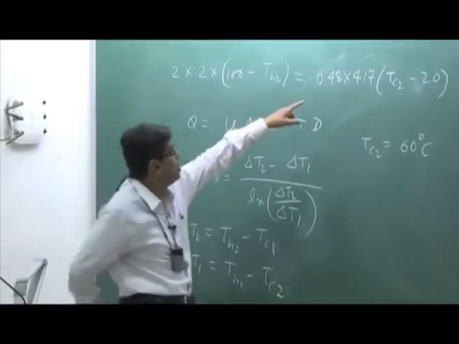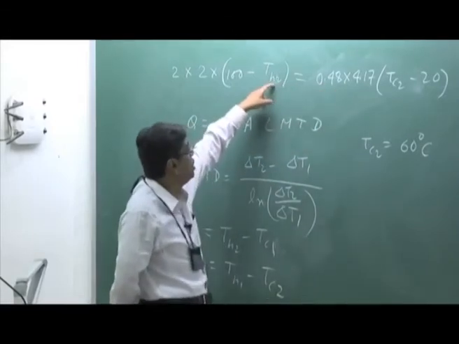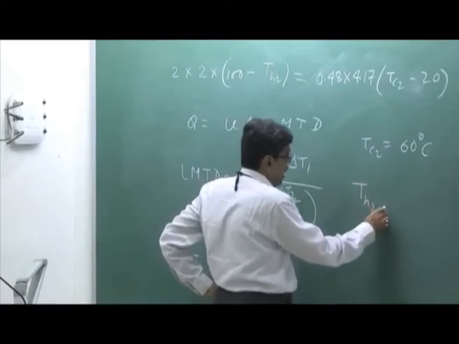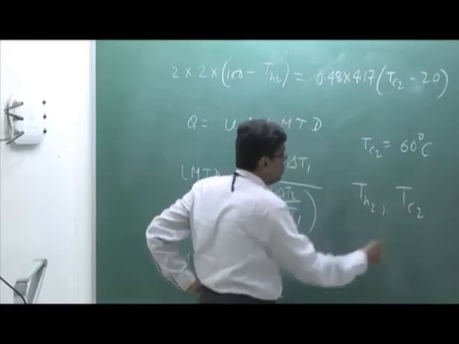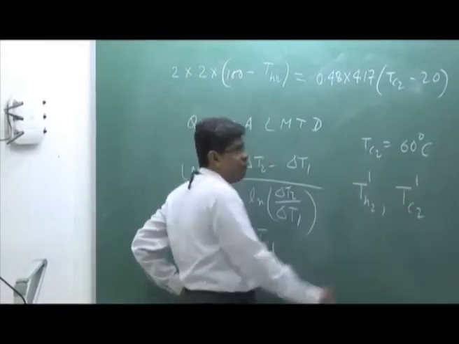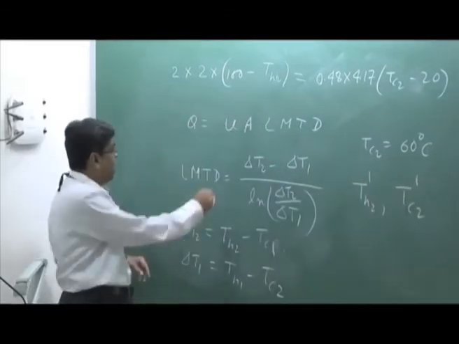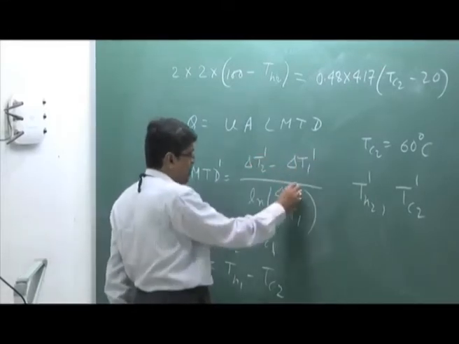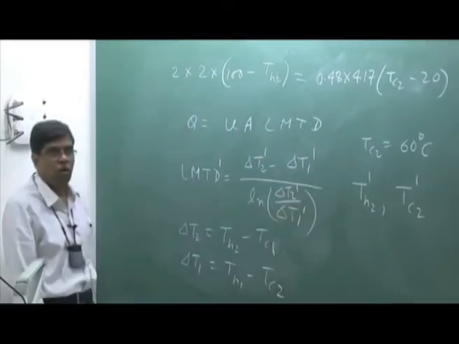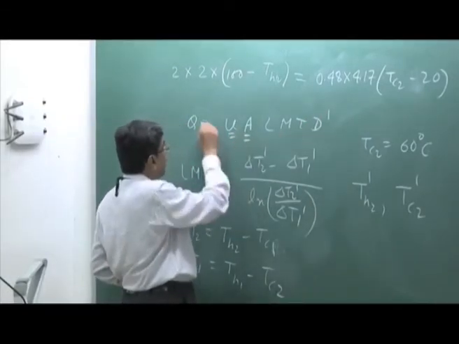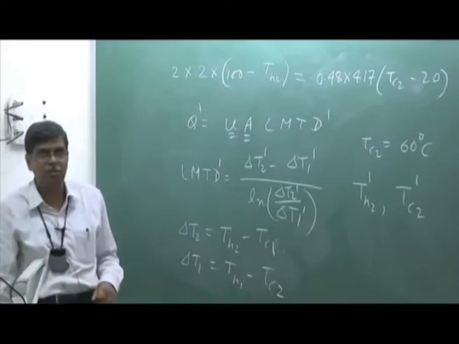Then I find out this and I find out TH2. So TH2 and TC2 are found out, and I give them a superscript, that is the first iteration. Accordingly, I find out LMTD with the first approximation. When LMTD is found out and these two are known, I find Q as the first approximation.